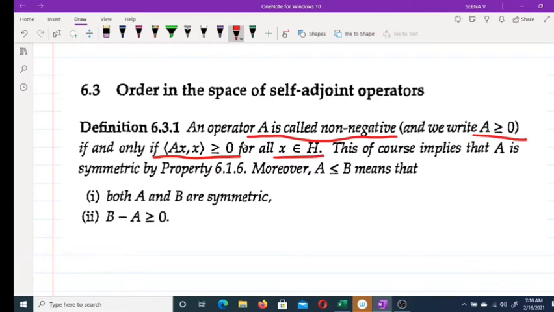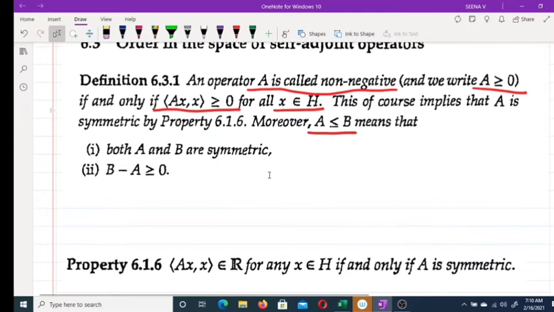And using this property, we define A less than or equal to B, which means both A and B are symmetric and B minus A is greater than or equal to 0.